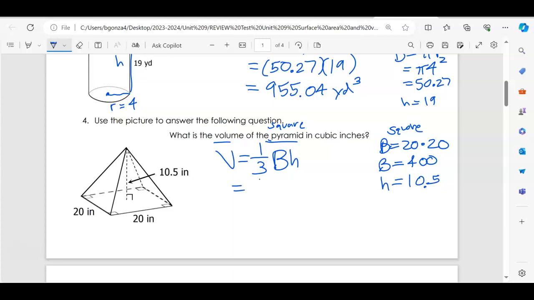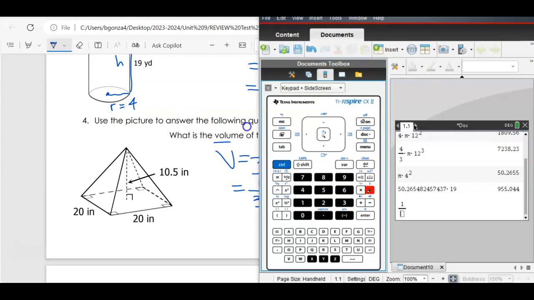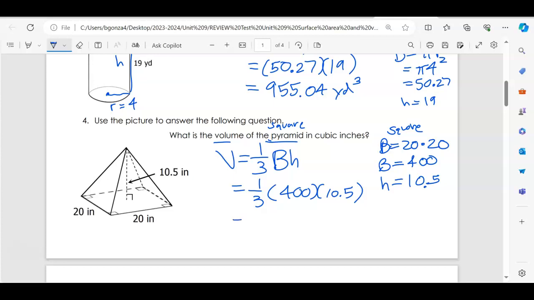So we're going to do 1/3 times 400 times 10.5. 1, control, divide, 3, go to the right, 400 times 10.5. 1,400. And that's in inches cubed, because we're talking about volume, which is 3D, third power.